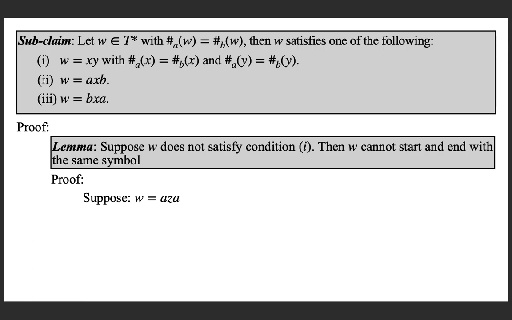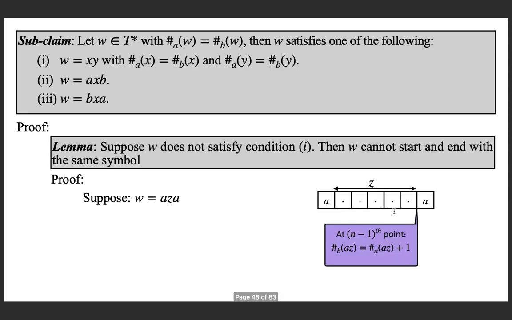W is not of the first form, but it is starting with A and ending with A, that is, not of the second or third form. Okay, then what can W be? W is something like starting with A and ending with A, and in between there is an arbitrary string Z. That is what we said.